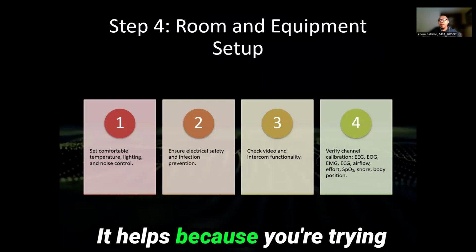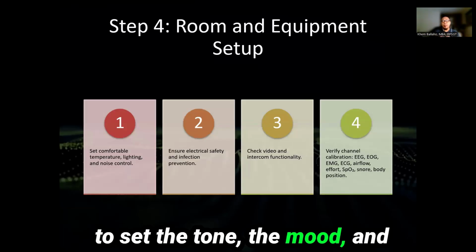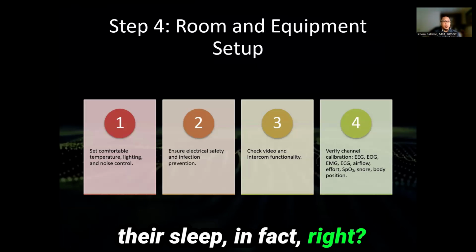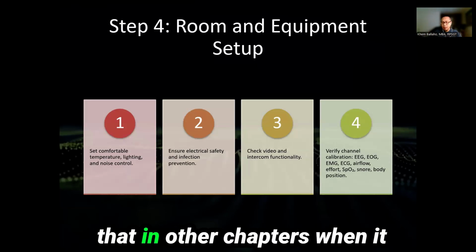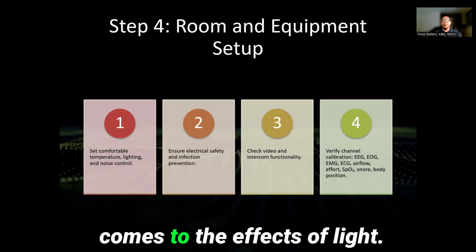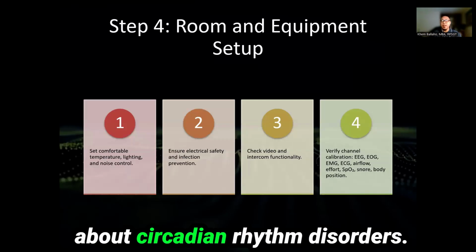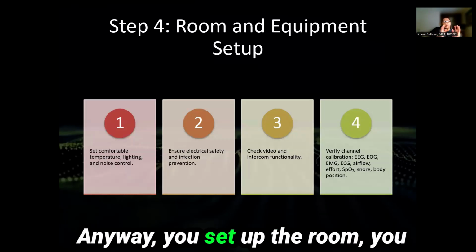It helps because you're trying to set the tone, the mood, and it helps the patient regulate their sleep, in fact, right? And we'll discuss more about that in other chapters when it comes to the effects of light. In fact, I did discuss that a couple of weeks ago when we talked about circadian rhythm disorders.